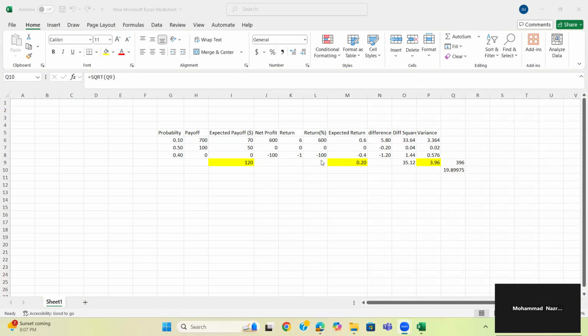So just follow the sequence: how you get the net profit, how you get the return, and then you calculate the expected return. And for the variance you need the expected return, right? Unless you have expected return, you can't compute the variance, because your expected return is the benchmark from where you check the variations.